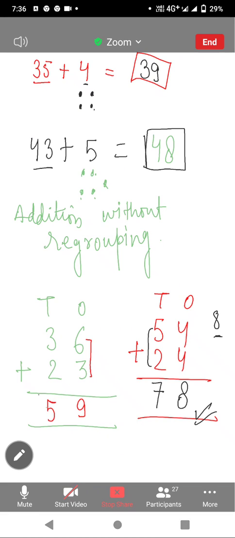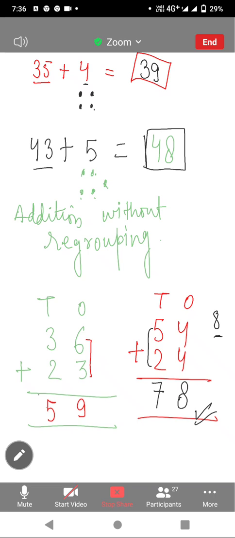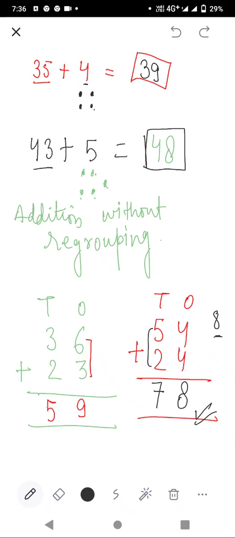So students, now open your books and open page number 75, exercise 4.1. Page number 75, exercise 4.1.